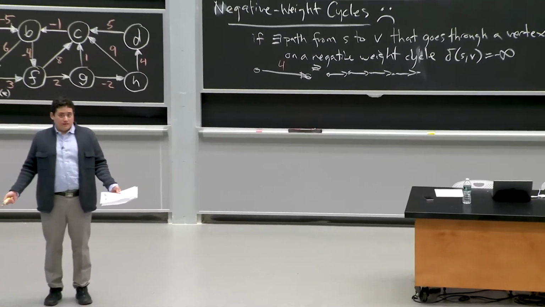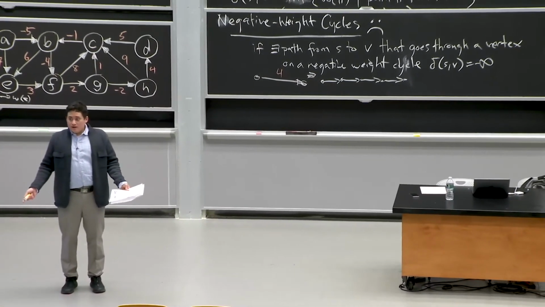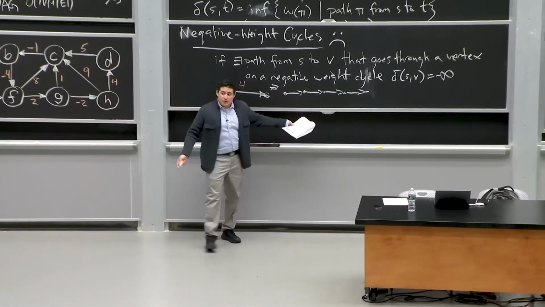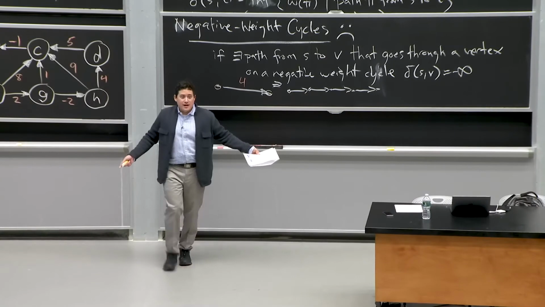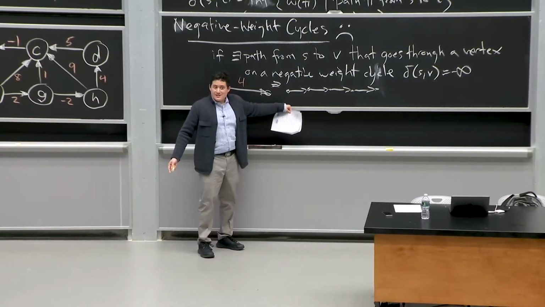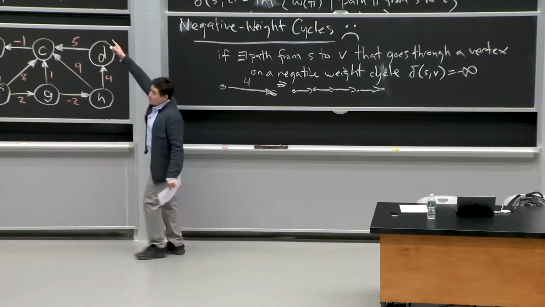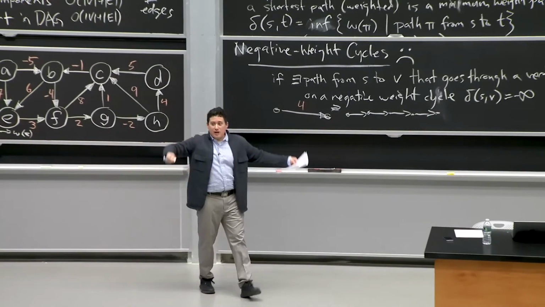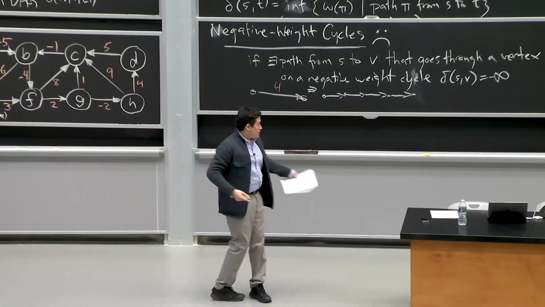Why? The weights might be very big compared to the number of vertices and edges in my graph. However, if the sum of all weights in my graph is asymptotically less than V plus E, we can get a linear time algorithm again by reducing to BFS. Okay, so that's great.